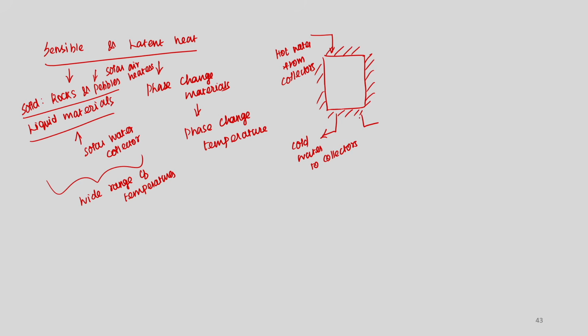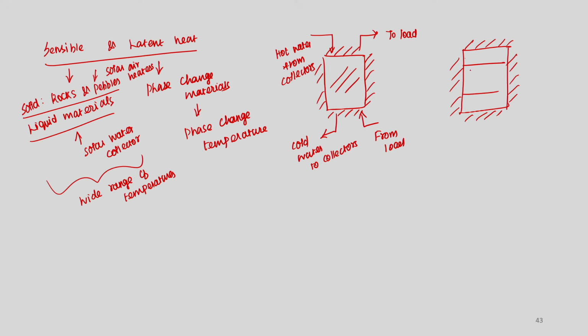From the load, another fluid comes, takes this heat and goes to the load. In sensible heat storage with solids, again you have an insulated tank with screen meshes, and inside you fill the solid material. The hot air from the solar air heater comes, loses its heat, and goes back to the collector. This way the storage can be done.